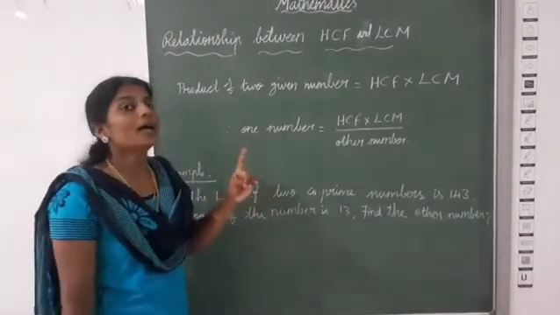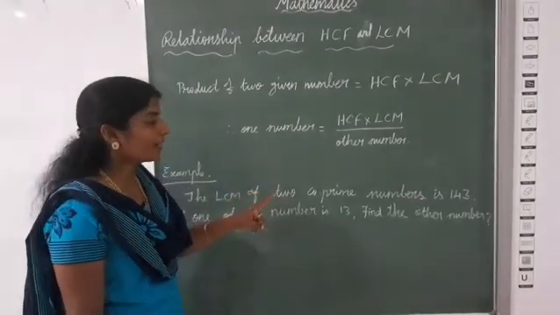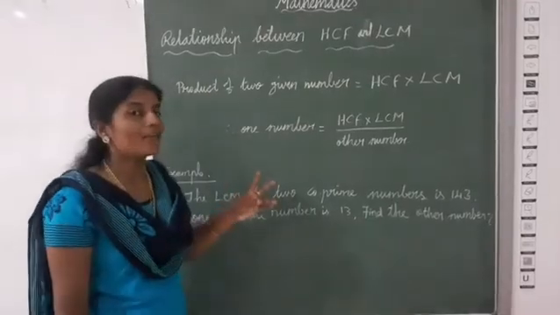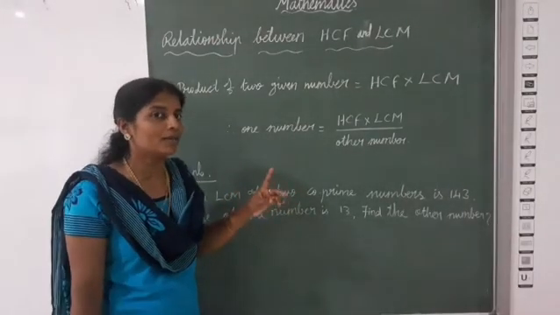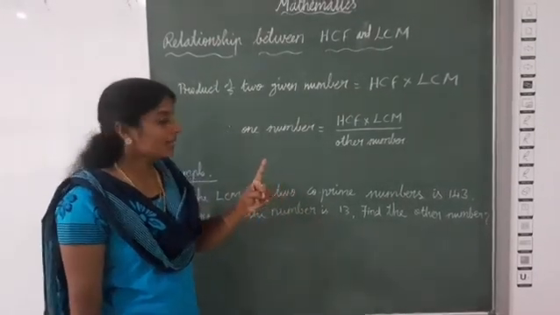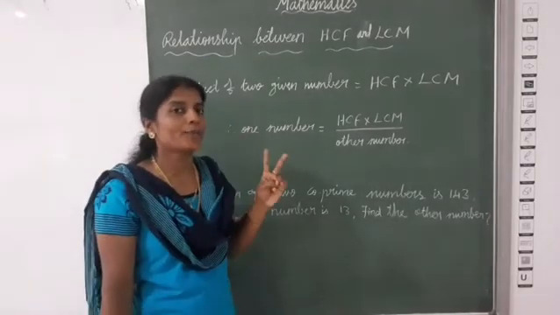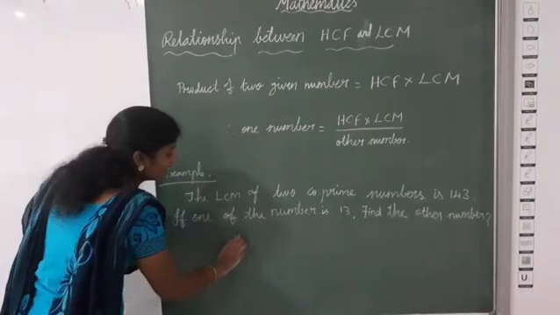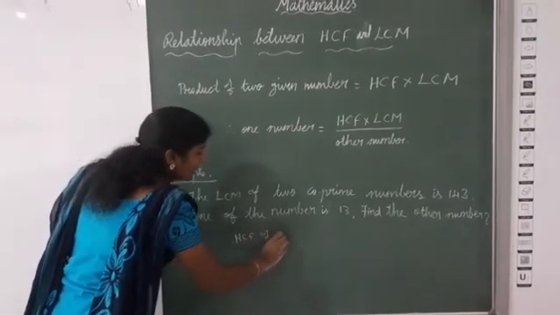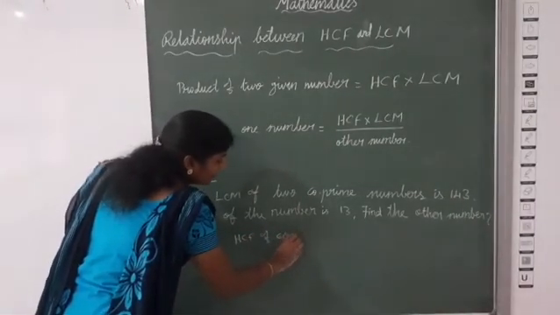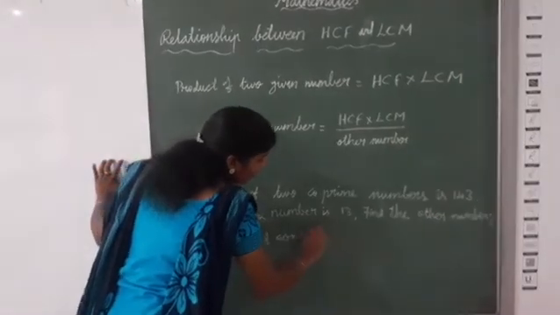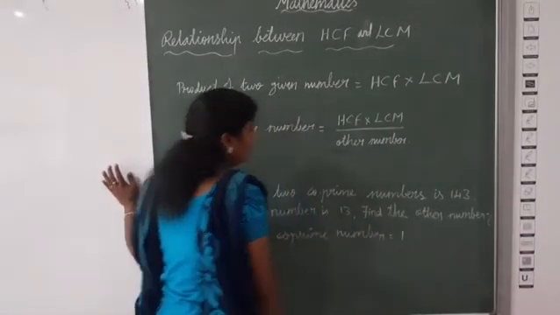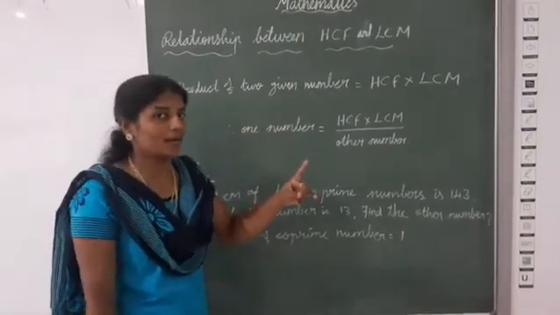Only one common factor, and that is the HCF. The HCF of any two co-prime numbers is equal to 1. So we can write HCF of co-prime numbers equal to 1, because only one is common.